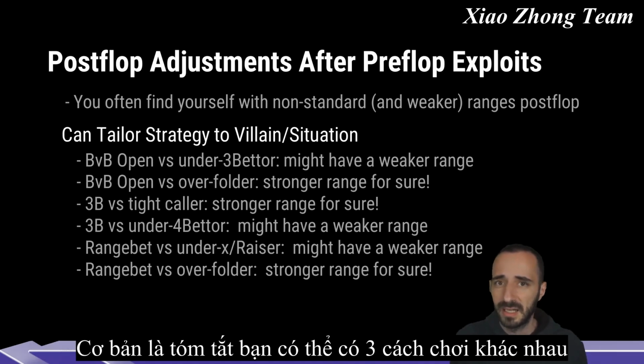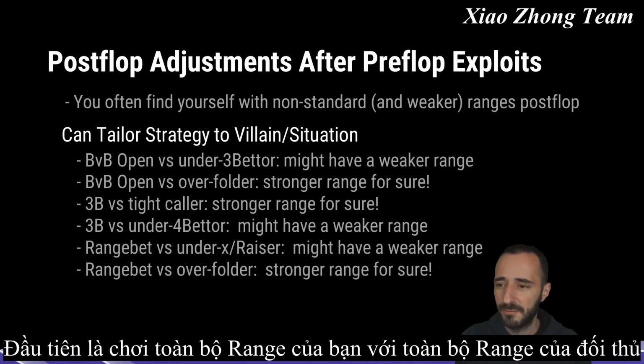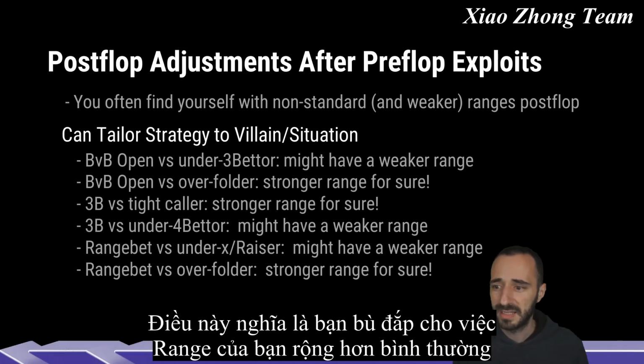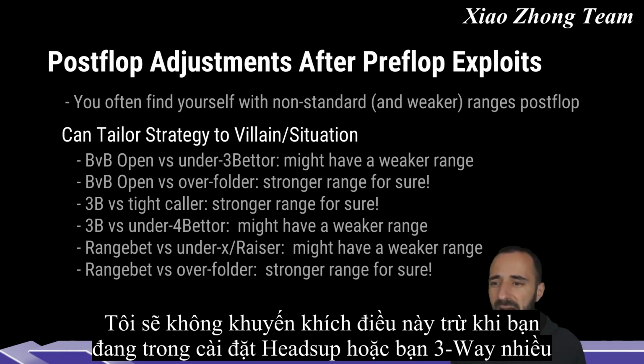Basically, to sum up, you could have 3 different approaches. The first one is to play your entire range versus your opponent's entire range. This means that you compensate for the fact that your range is wider than usual. I would not recommend this unless you are in a heads-up setting or you're playing three-handed a lot.